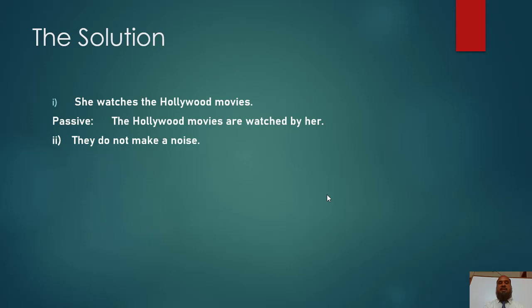Now make the passive in your notebook. Here is the passive of sentence number 2. A noise is not made by them. Again, match your answer with the solution of sentence number 2. Make necessary corrections.